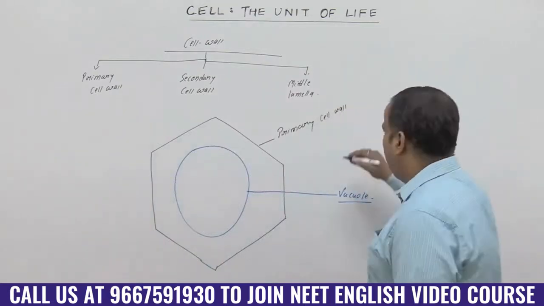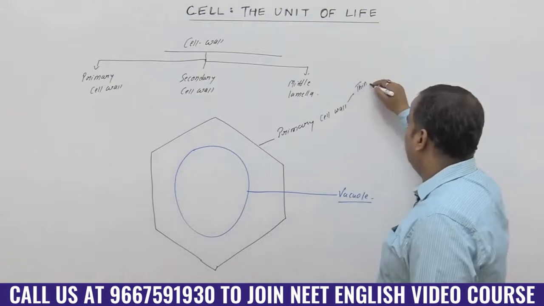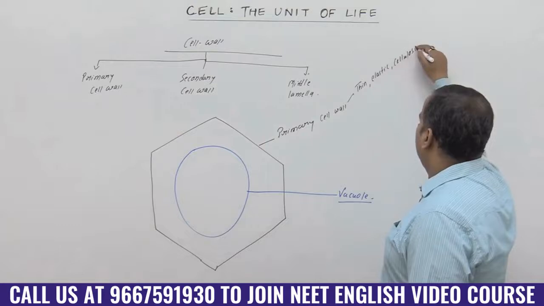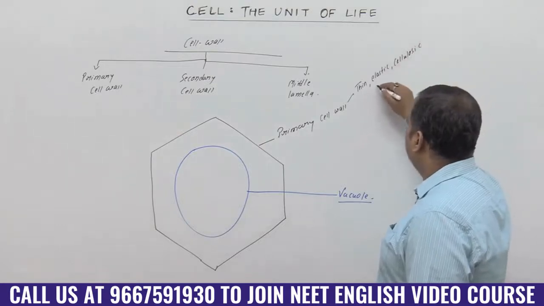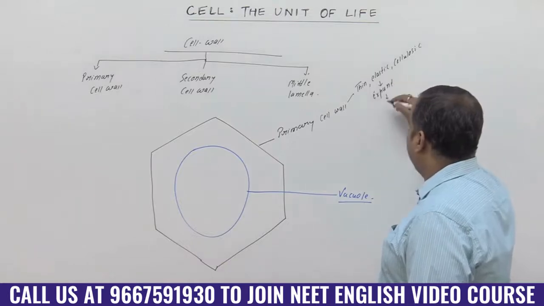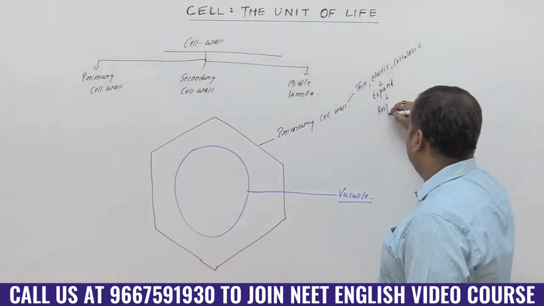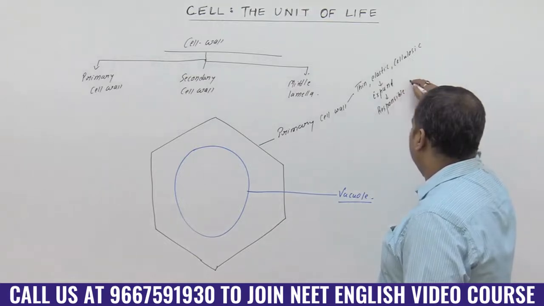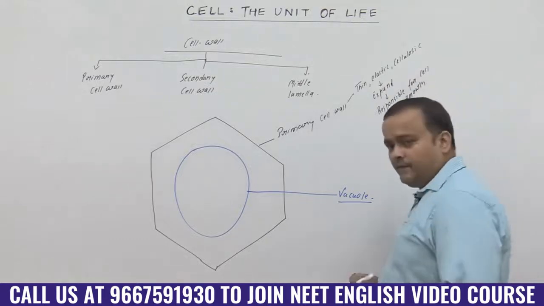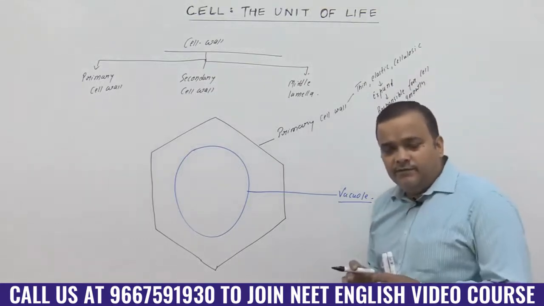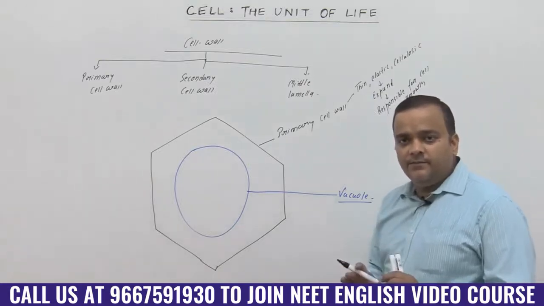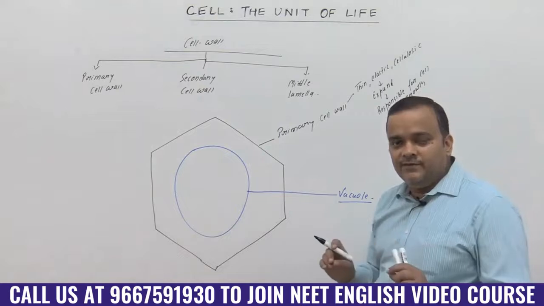This primary cell wall is thin, elastic, cellulosic, so it can expand, and thus it is responsible for cell growth. Okay, so if someone asks you growth takes place due to expansion of which wall, it is always primary cell wall, because it is thin and elastic, so expansion of this is possible.